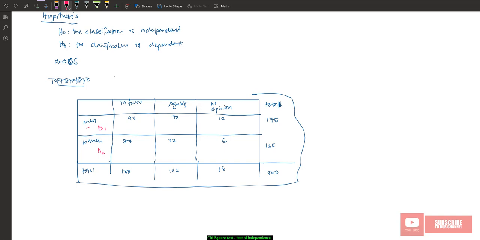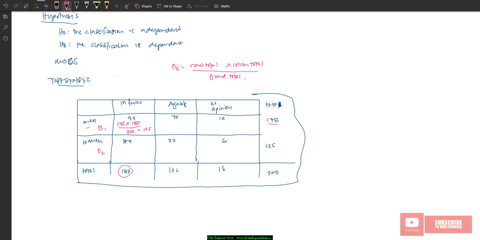The formula for expected frequency is the row total multiplied by the column total divided by the grand total, right? So the row total for man is 175, for in favor is 180. So 175 multiplied by 180 divided by the grand total of 300.